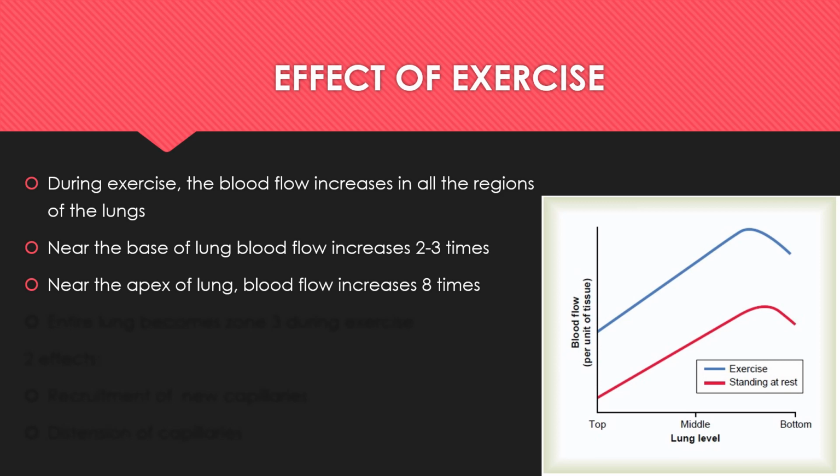Near the base of the lung, the blood flow increases by 2 to 3 times, whereas near the apex, it can increase up to 8 times. So the entire lung becomes zone 3 during exercise.